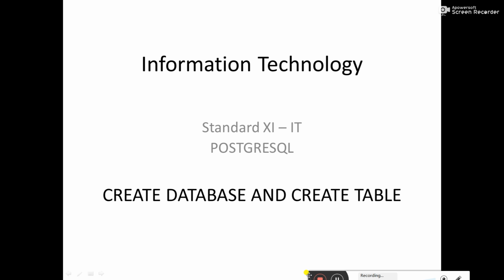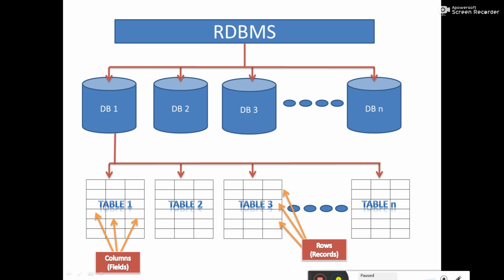What was the schema of a database? See, remember the schema? This is the schema of RDBMS, where RDBMS means Relational Database Management System. It is a software which is used to manage the database.